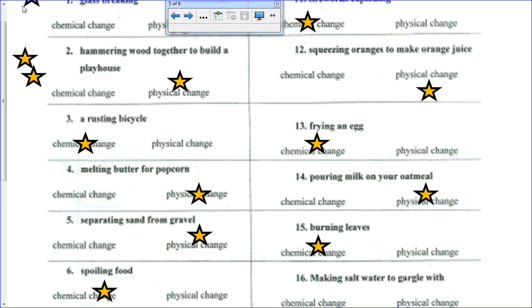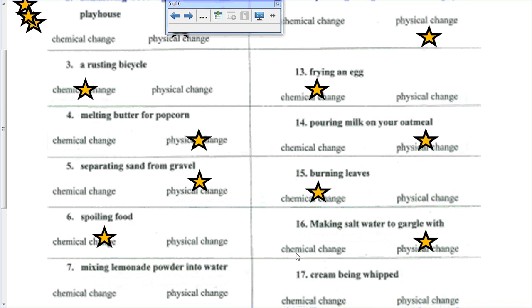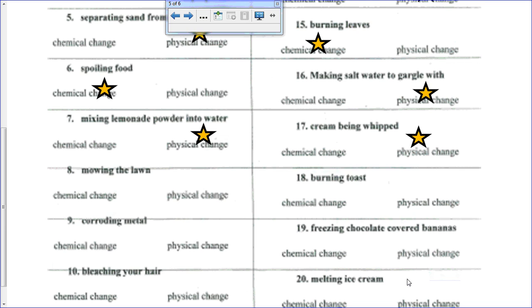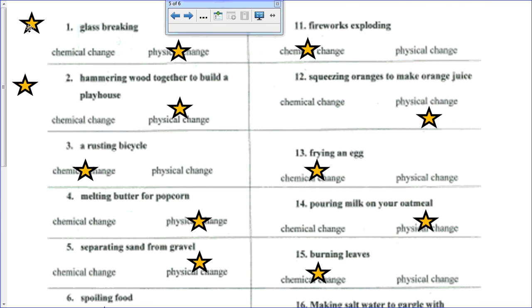Making salt water to gargle with is a physical change. Mixing lemonade powder into water is a physical change. Cream being whipped is a physical change. I'm going to move the star down.